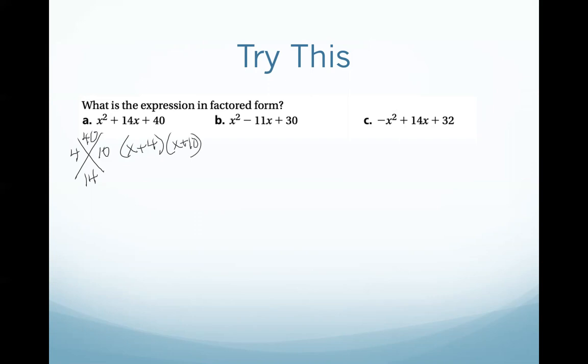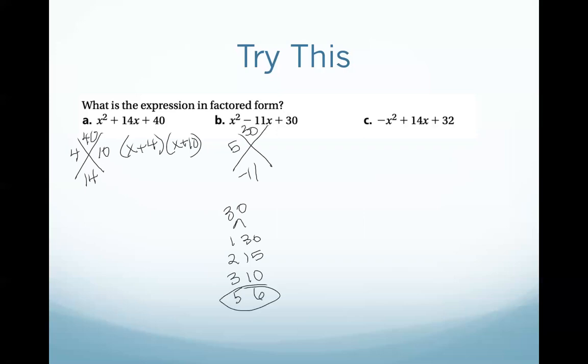Part B, we want two numbers that add to negative 11 and multiply to 30. So I'm going to go ahead and make my list of factors for 30. I know it's 1 and 30, 2 and 15, not quite, 3 and 10, again, not really. How about 4? 4 doesn't go in. 5, yeah, 5 and 6. 5 and 6 give me 11.